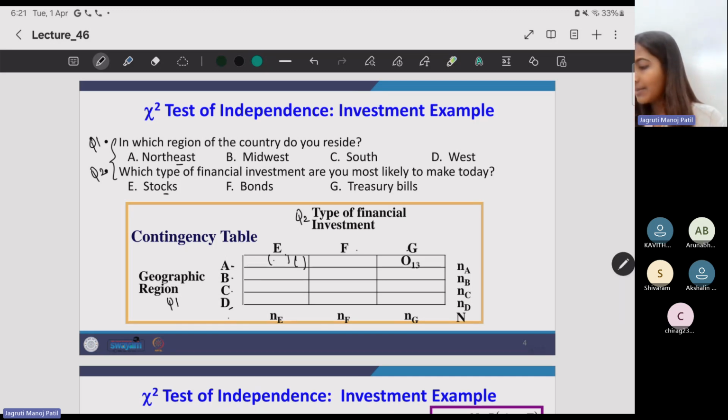You get that by summing up the entire amount. For A, your entire thing would be summed up here. For B, the entire thing would be summed up till here. C, summed up all the columns in C, and D. Again, for E it would be column-wise for E, F, G. And the entire data set would be N right over here. It can be the sum of all this and the sum of all this. You multiply both of them.